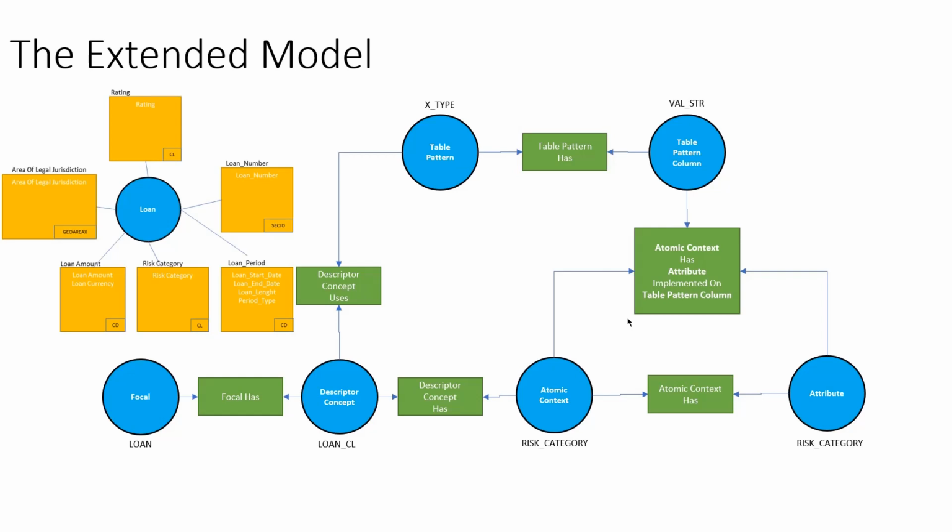Now that atomic context and the attribute were mapped into a table pattern column. The risk category attribute has been implemented to store its values in the physical column val string. And this has been done for all these atomic contexts.